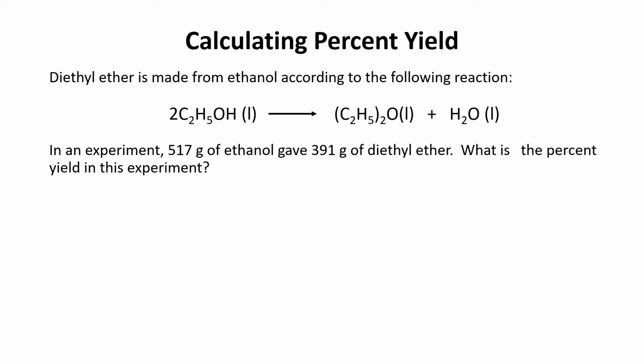So what's the first great care when dealing with reaction stoichiometry problems? That's right, we have to make sure that the chemical equation is balanced. So let's attend to that duty.